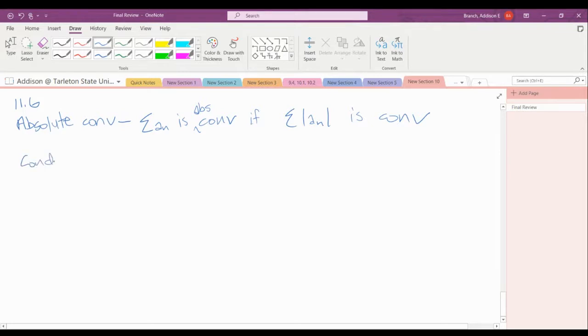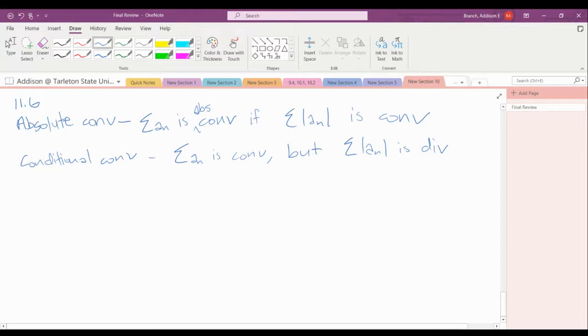Whereas conditional convergence states that the series of a_n is convergent, but the series of the absolute value is divergent. Otherwise, it essentially means your initial series is convergent, but you don't meet all the criteria for absolute convergence.